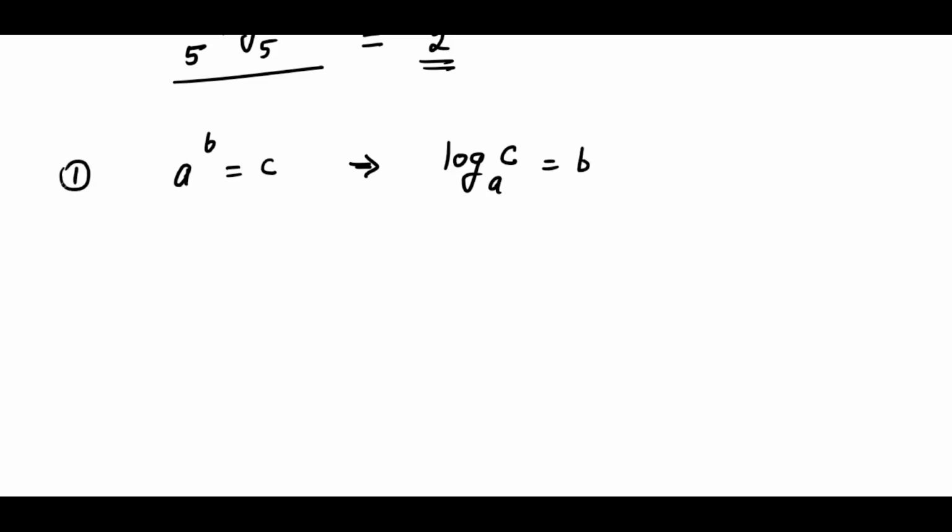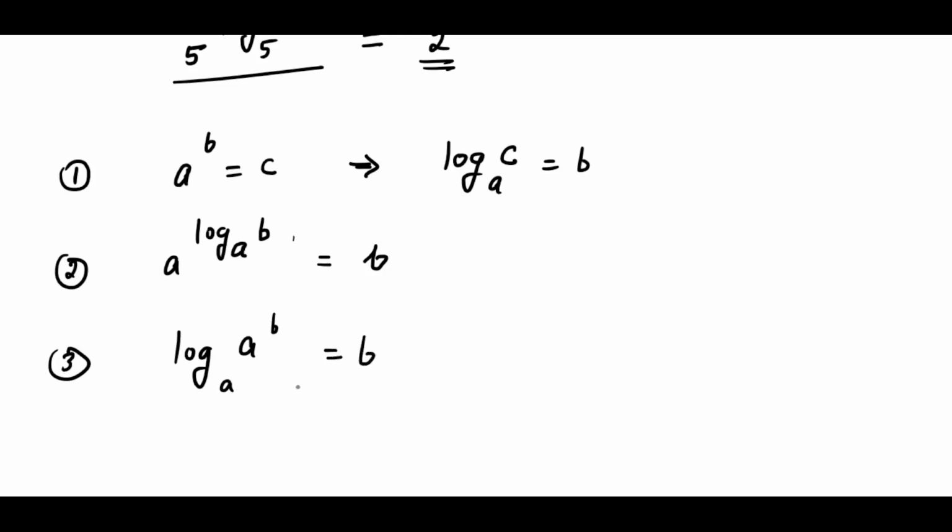Second, if it is a power log of b to the base a, then this is going to be equal to b. And third, if it is log of a power b to the base a, then also it is b.